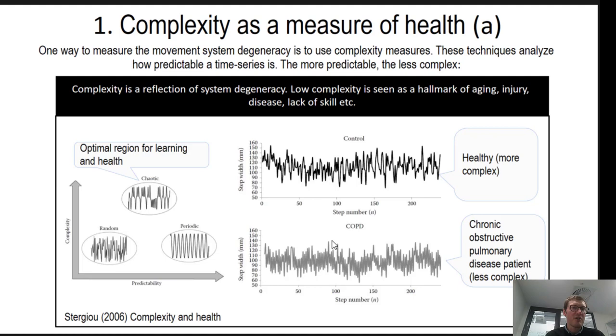So something that you can learn about in your second, third year, as well as stuff that you can learn about in your postgraduate studies if you're interested. There's a range of textbooks out there that provide ways of analyzing signals like these to obtain measures of how random, how complex, or how predictable a certain behavior is.